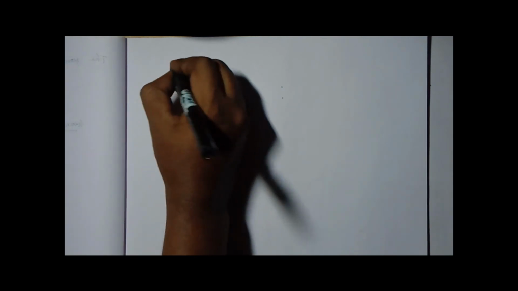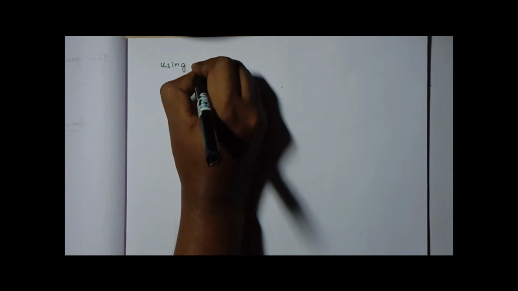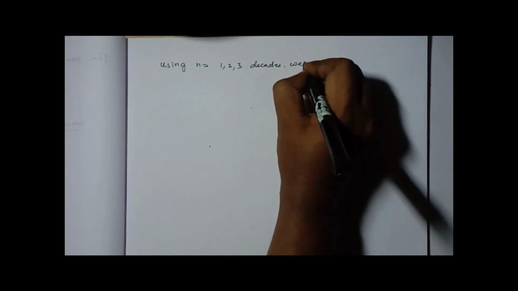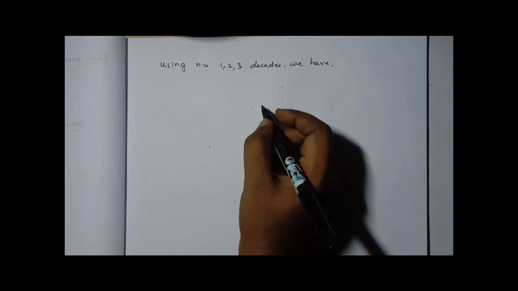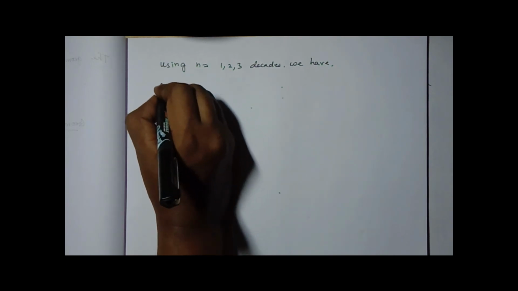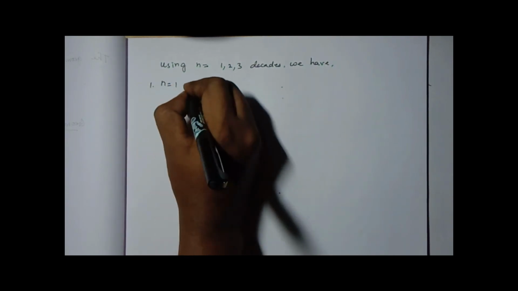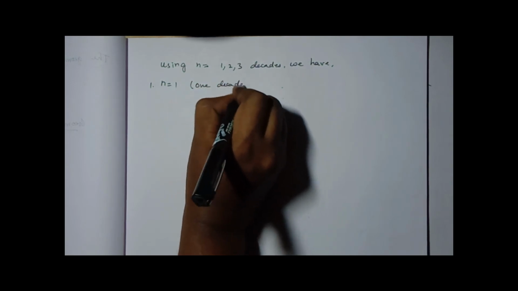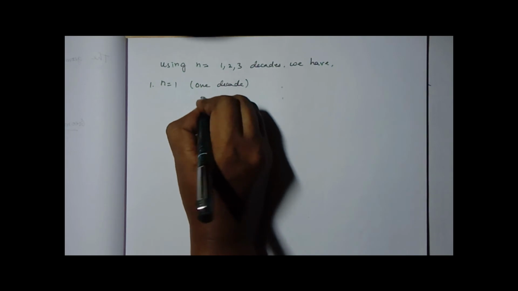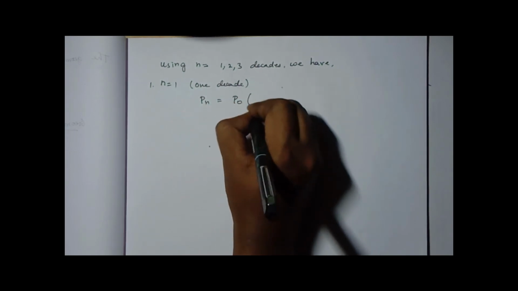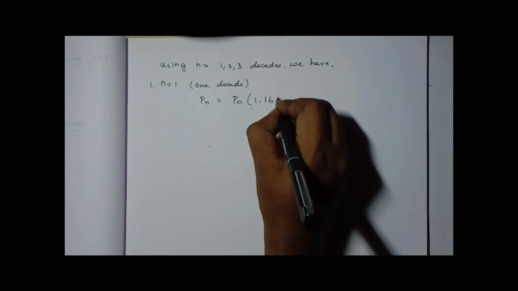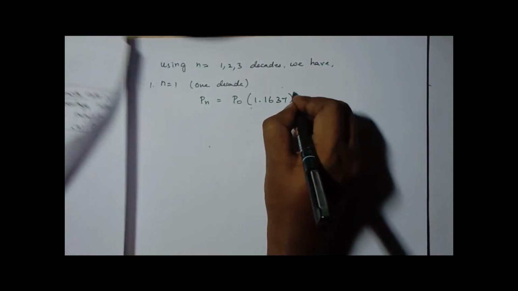So now using n is equal to 1, 2, 3 decades, we have the population increase. When n is equal to 1, just 1 decade, the formula is Pn is equal to P naught into 1.1637 to the power n.